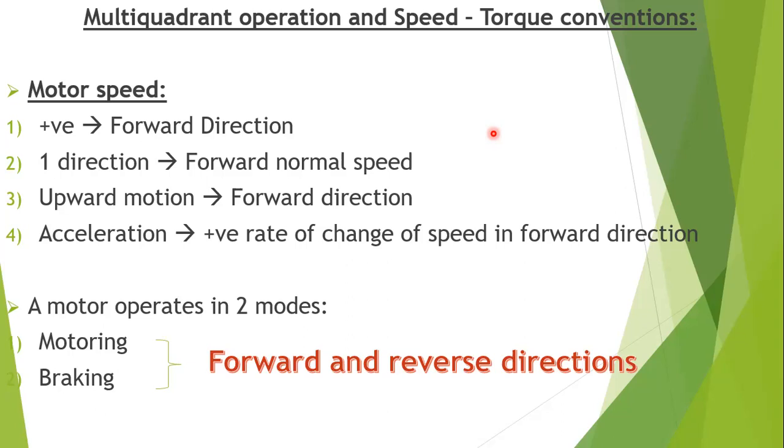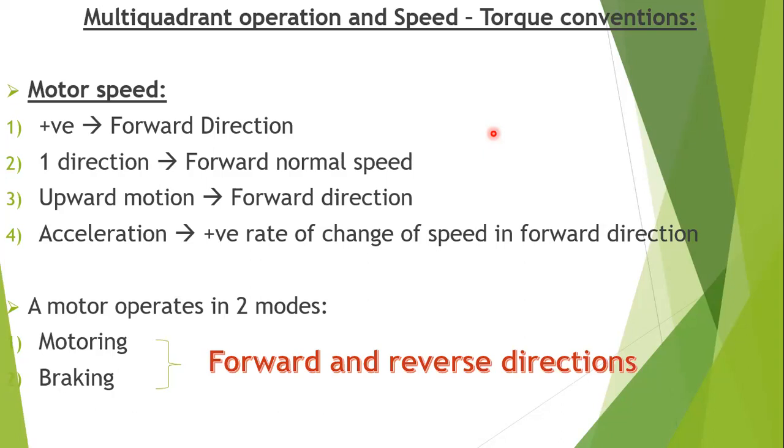If you want to take the motor speed in technical forms, you have to follow some rules. First, if you take the motor speed in the forward direction, it will be positive, so obviously for the reverse direction it will be negative.